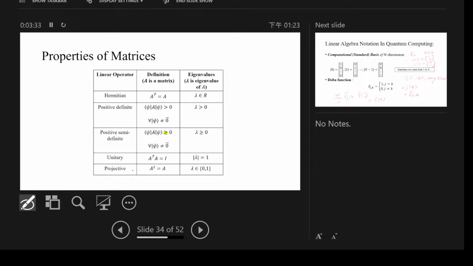And I guess here I should add a bit of extra detail. So for P projective, we actually mean Hermitian projective.